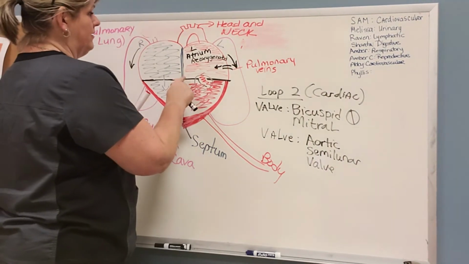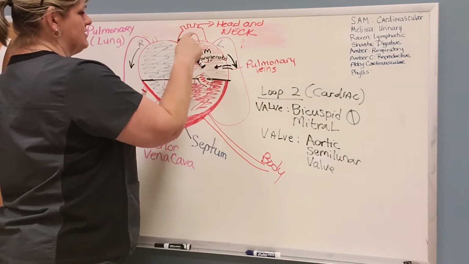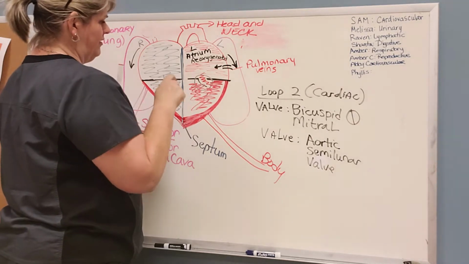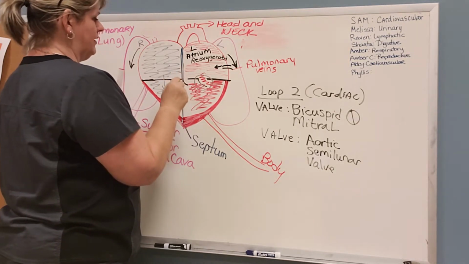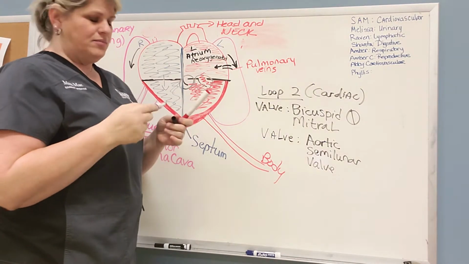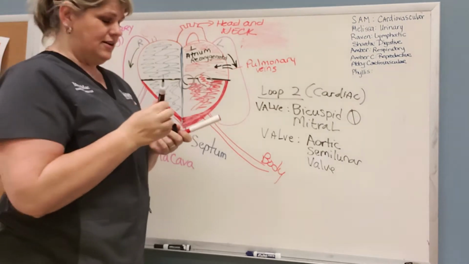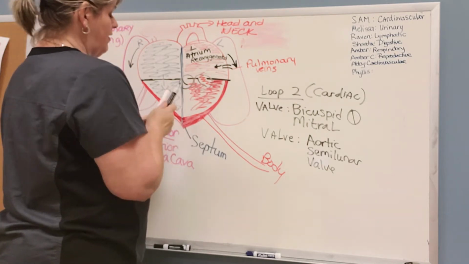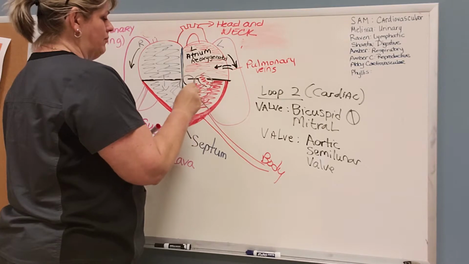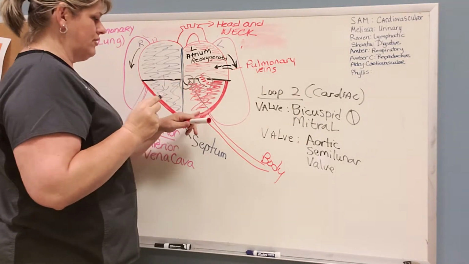All right, so we have to get up into this big aorta. So we need another valve, okay? And again, on a real heart diagram, you'll see this much better. You know my drawing's terrible. So from the left ventricle, the blood gets a big push, right?